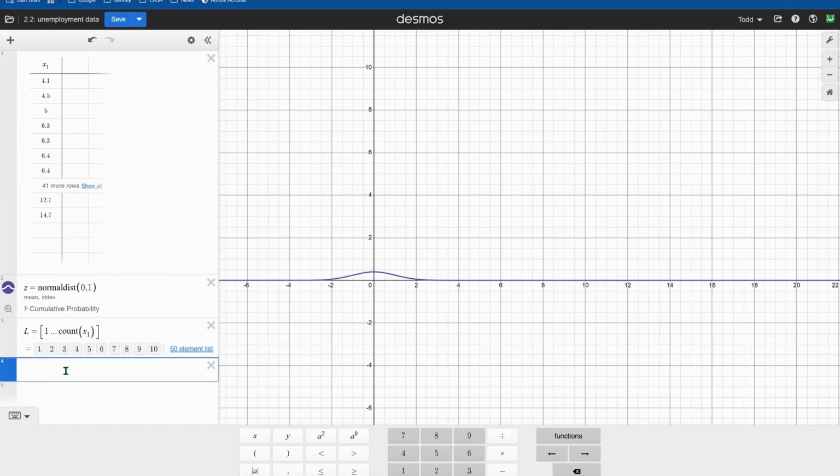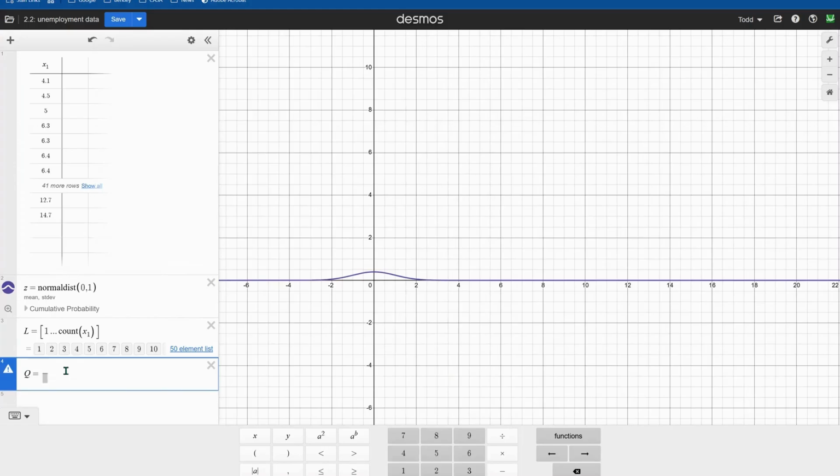The third step is that we're going to make a third list, and I'm going to call it Q for quantile. What I'm going to do is translate the L list into something like a percentile.